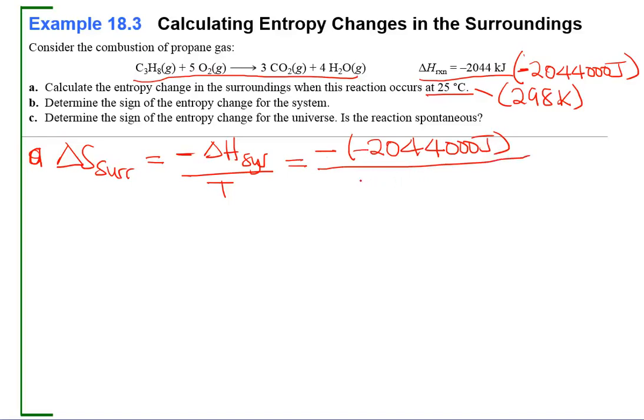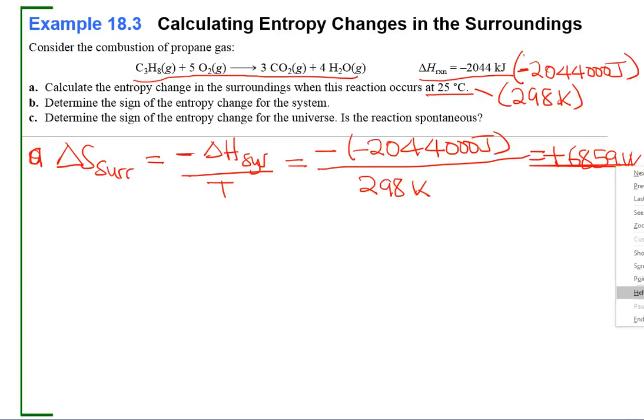Divided by 298 K. And because of that, this one is going to give us a positive 6859 joules per Kelvin.